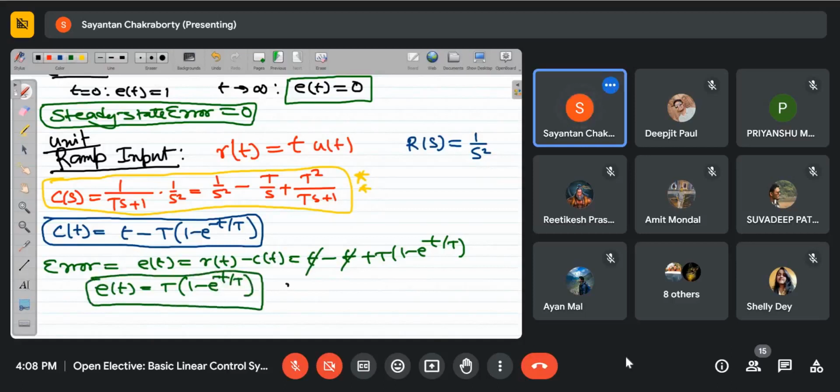So at t tends to infinity, this part will become 0, and this part will become 0, so it will be capital T. That means in this case there will be a steady state error.